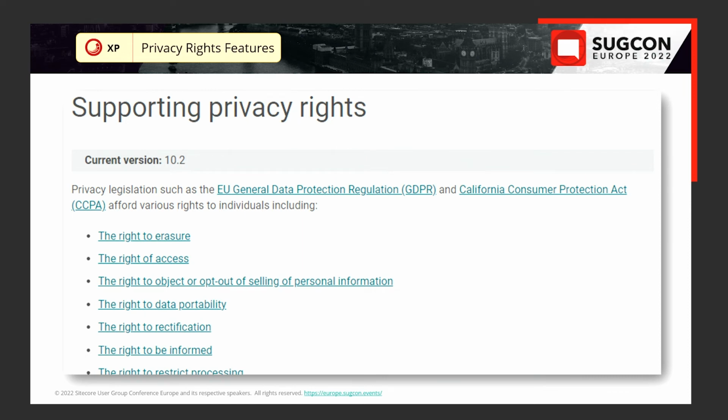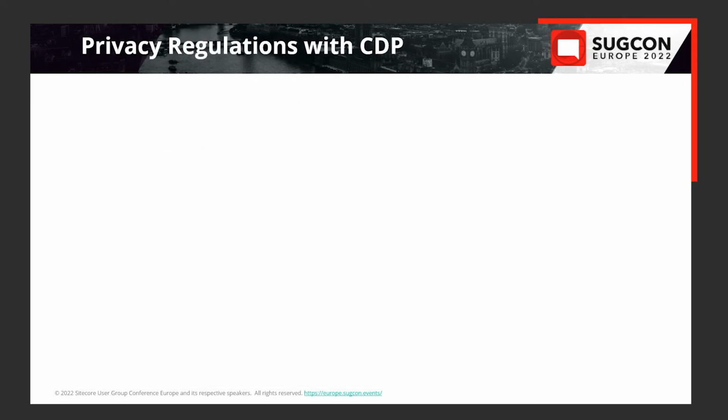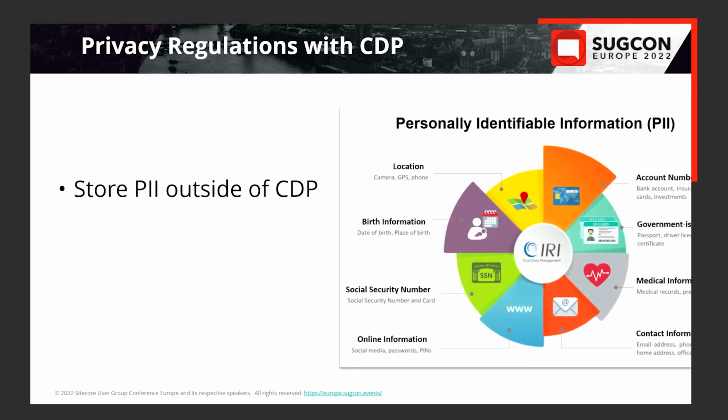And you have a bunch of features for right to erasure, right to be forgotten, and all that. In the CDP, here I have to confess, this is a little less than we are used to. You have the bare minimum to be compliant with the privacy regulations. You can store PII, whatever, outside of the CDP.